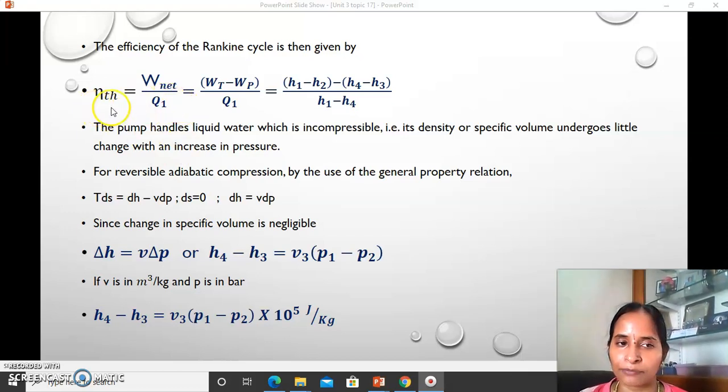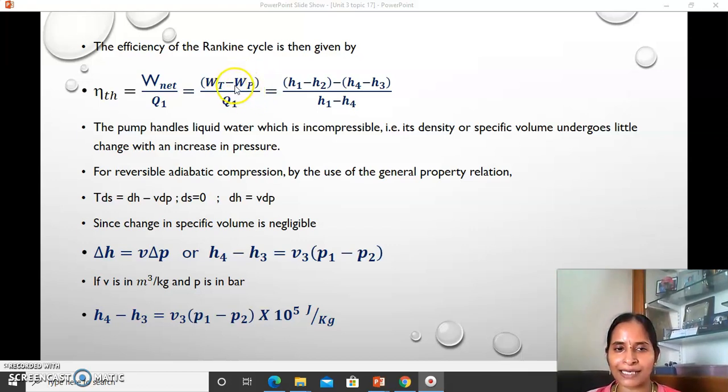For the efficiency equation, you know very well, it is net work done over heat supplied. Net work done is the difference between the work produced by the turbine minus the work absorbed by the pump.